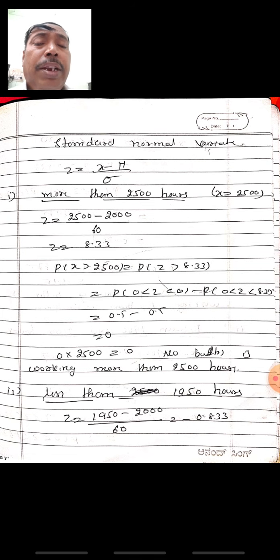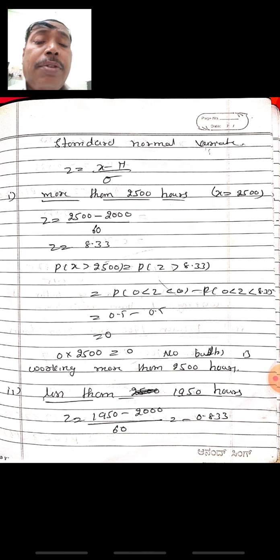Whenever you solve problems on normal distribution, you cannot solve in the form of x. You should convert to z, where z is called the standard normal variate. First of all, I want to find more than 2500 hours, that is x equal to 2500. Originally, the problem is always given in the form of x, but you should convert to z.